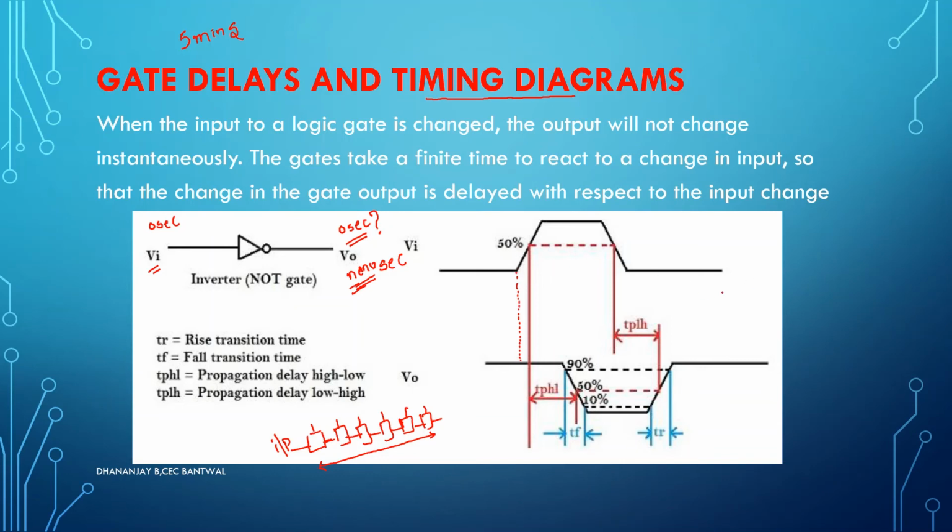Let us draw it like this. Let's say this is your input. So this is where you have changed the input. Coming to the output, my output will change at this particular point.